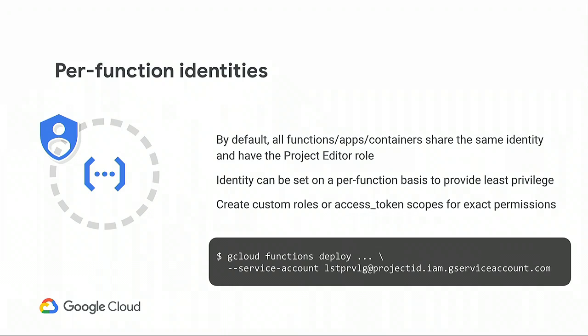It needs to read from Cloud Storage to do a vision check, and then write to Cloud Firestore. So we have this concept of per function identities, and what that means is you can create a new service account and have that be given just the amount of privilege that it needs. And you can do that via custom roles in IAM, or minting access tokens if you're accessing, say, the Google Drive or Google Sheets APIs.